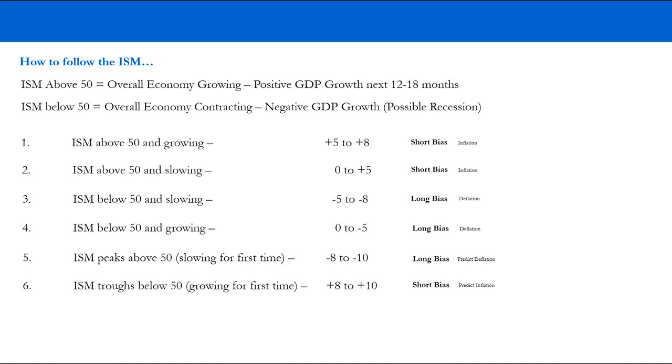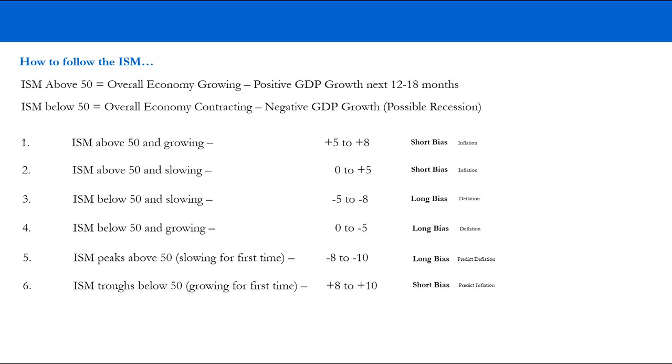The next thing we look at is the ISM peaking. So the ISM peaks above 50 and slows for the first time in the current cycle. Now, what do we mean by that? Imagine a situation where the ISM 3-4 years ago was below 50 and then it went above 50. And then it continued on its path, getting better every single month.